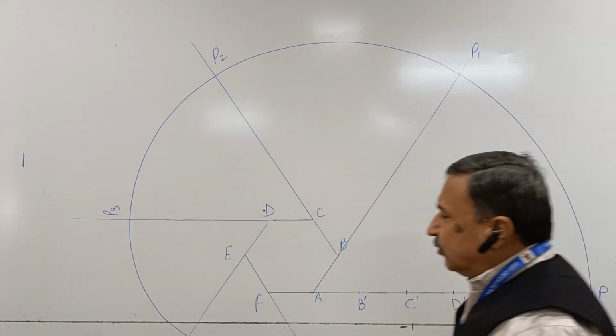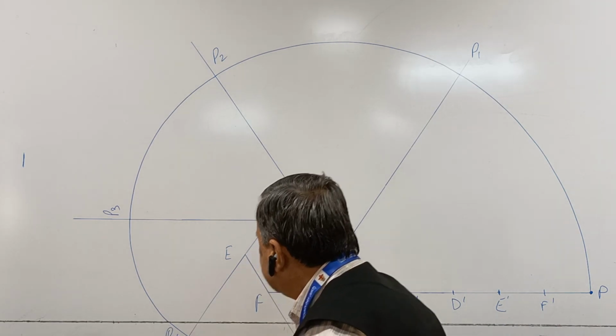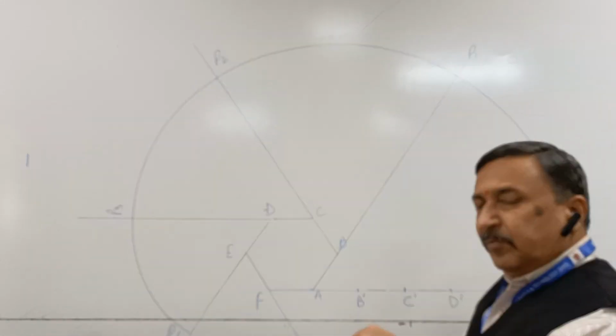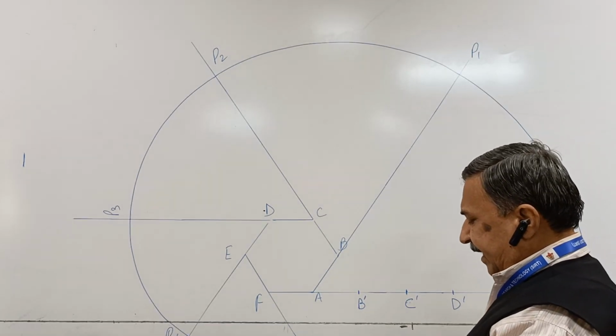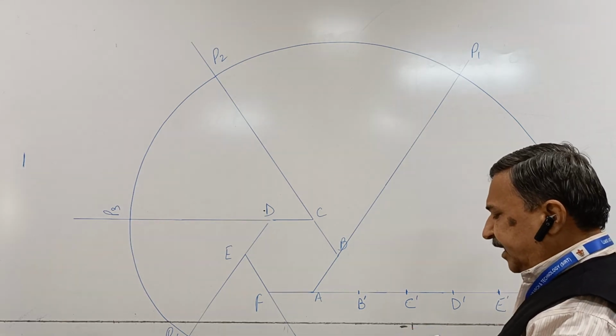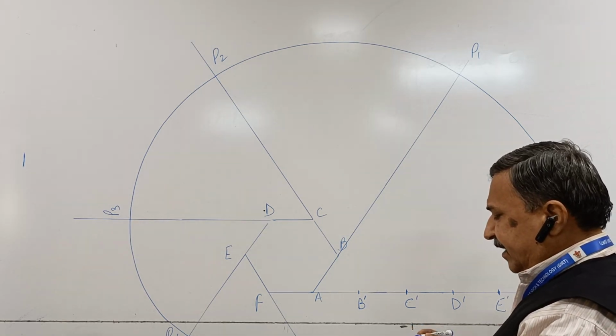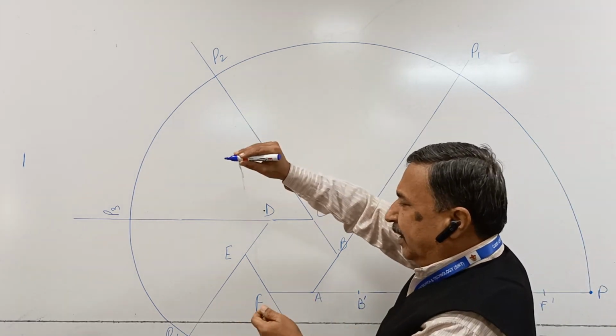So this is our point P4. Now again, just reducing the radius and shifting the center. You will do this.